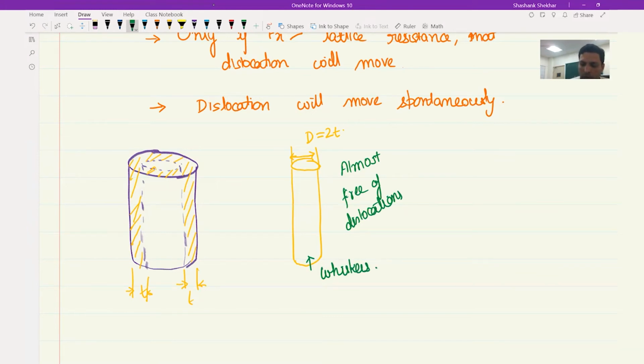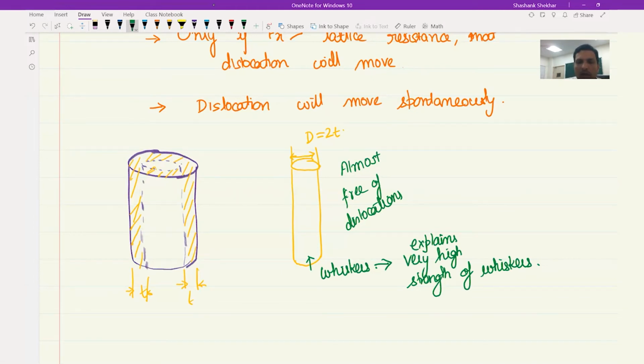So this also explains why whiskers have very high strength. We know theoretically that whiskers have very, very high strength, close to the theoretical value. And this explains the very high strength of whiskers.